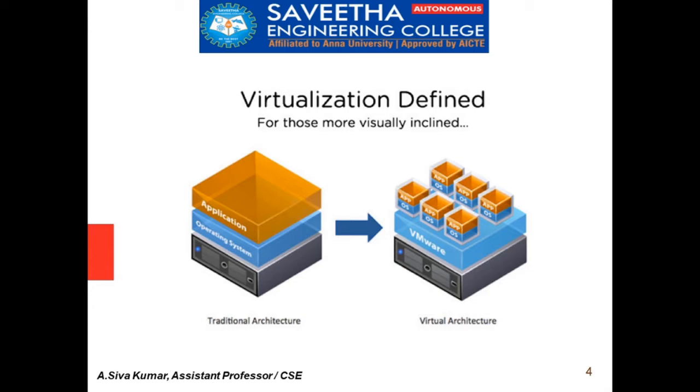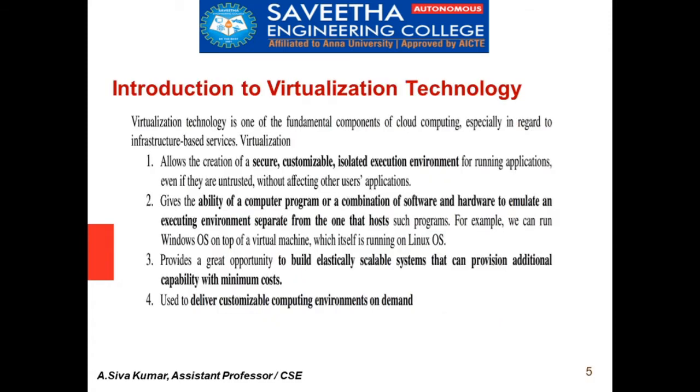The traditional architecture is composed of an application and an operating system with the hardware. But with VMware, that is virtualization, we have multiple applications along with multiple operating systems. That will be termed virtualization.